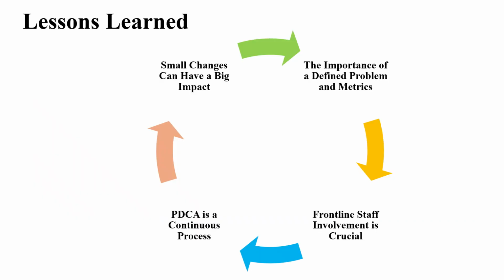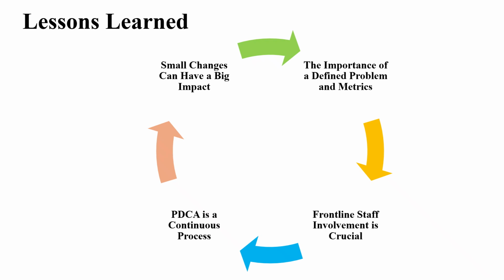Lessons learned. The importance of defining the problem and metrics led us to review and resolve the issue. Frontline staff involvement is crucial. The success of the project was heavily dependent on the participation and feedback from the staff who administered the medications daily.